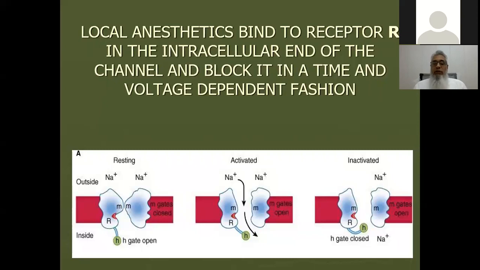This is called depolarization, and it is propagated along the nerve axon to the spinal cord, from the spinal cord to the thalamus, and from the thalamus to the sensory cortex. This is called action potential.